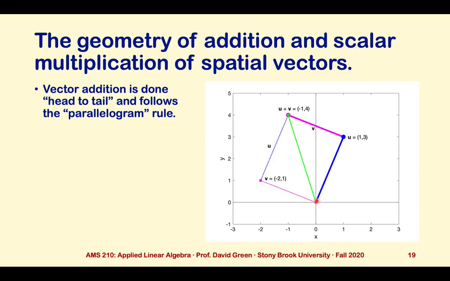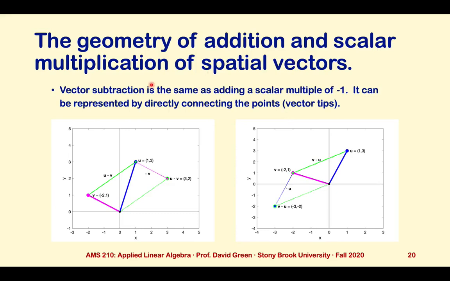The order of addition doesn't matter. If instead we first walked along v and then added u, we would end up in the same point. This gives us a geometric interpretation of what it means to add two vectors.